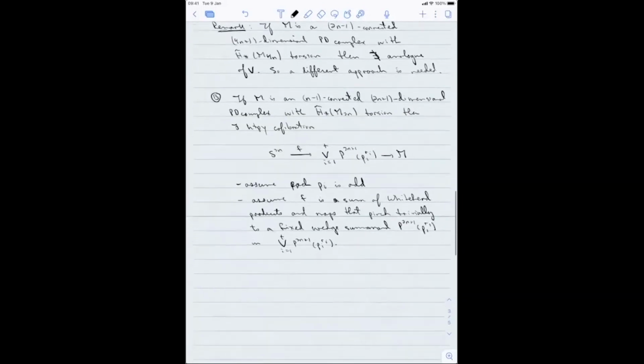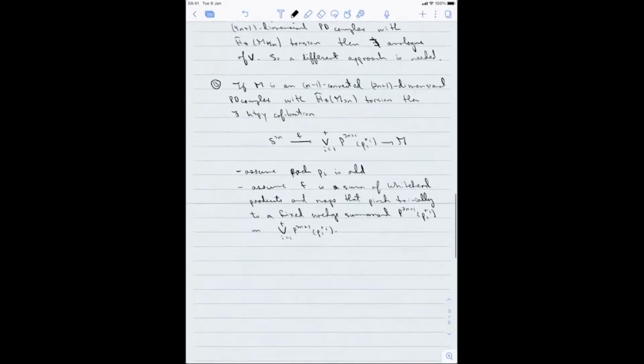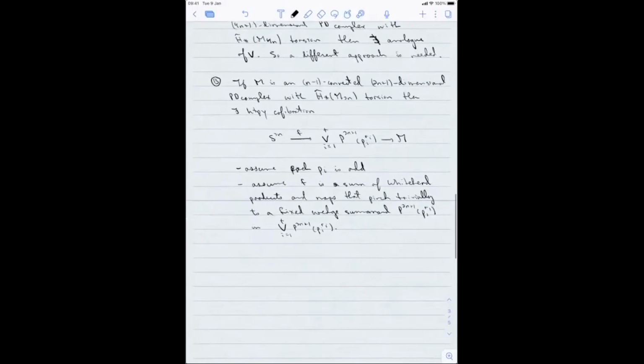So we need a different approach here. The data we'll use for theorem A would be: start with this cofibration.